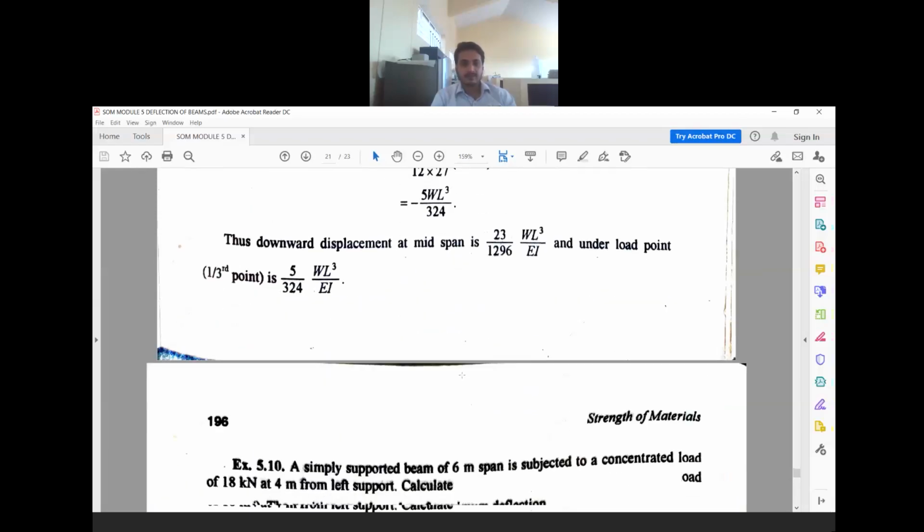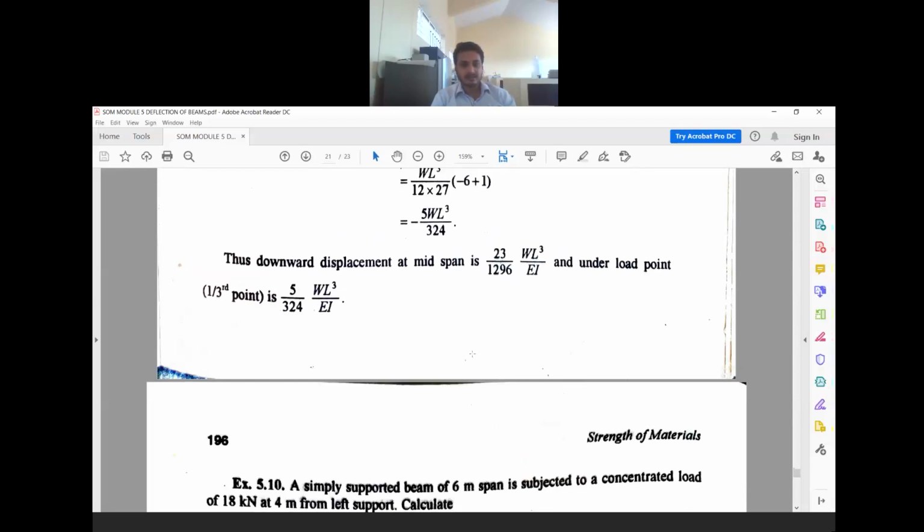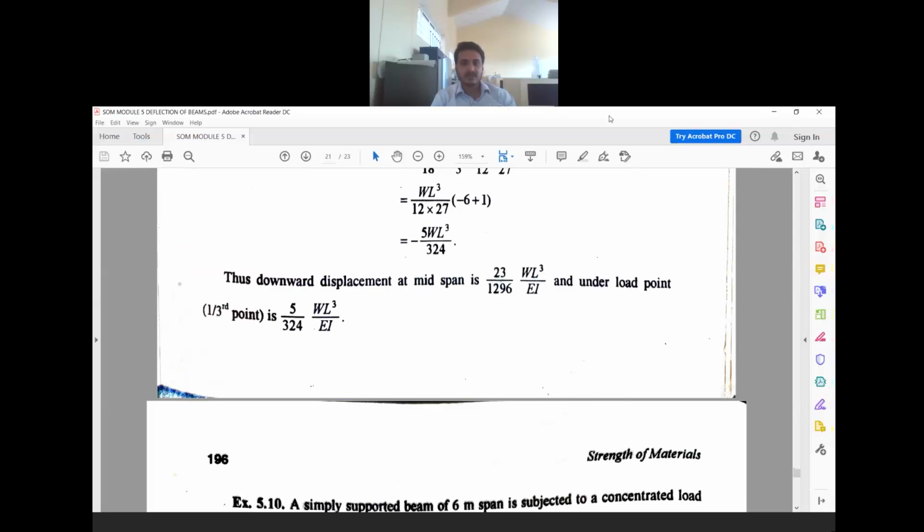So thus the downward displacement at midspan is 23 by 1296 WL cube by EI, and under the point load, that is the 1/3 point, is 5 by 324 WL cube by EI. So this is the deflection equation.